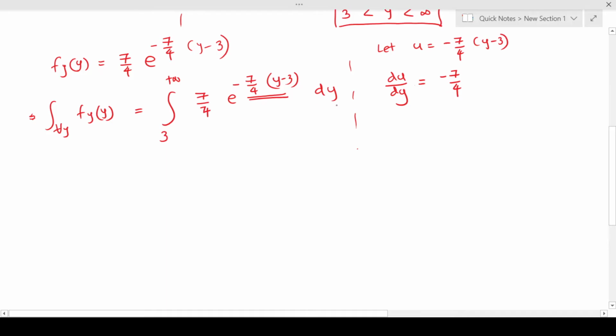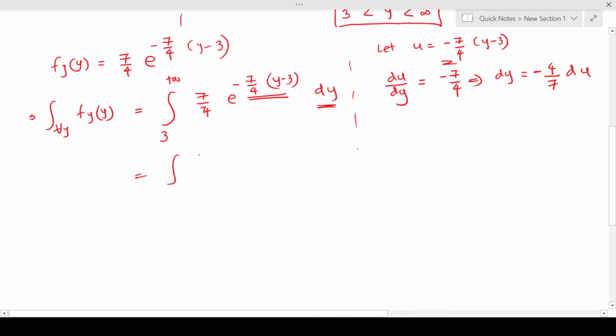Now I want to isolate dy. dy is equal to negative 4 over 7 du. I'm not going to change the limits because I'll put this substitution back, so I'll just leave it as it is.